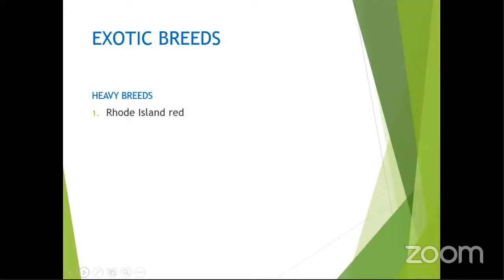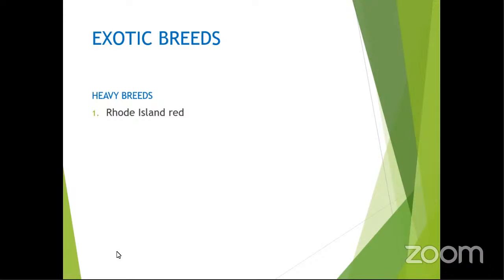But before we talk about those local breeds, we may need to first give the examples of exotic breeds. Those who know some few examples of exotic breeds, we can first identify them, then we move on to the next step.